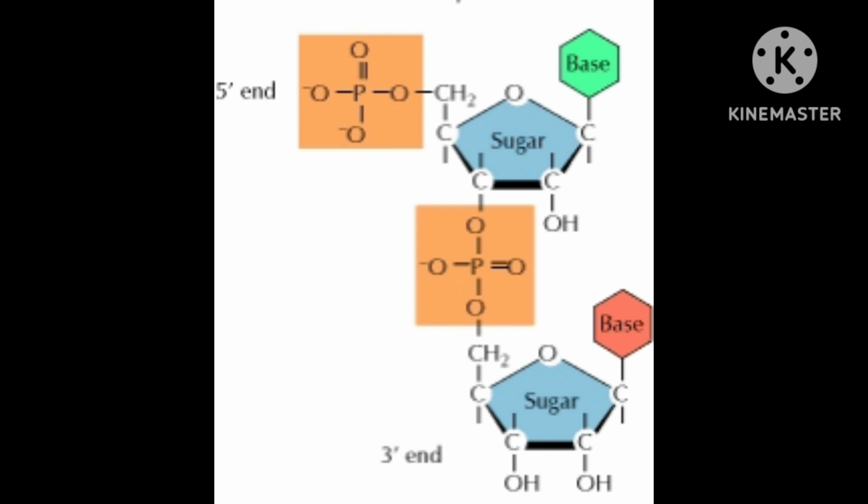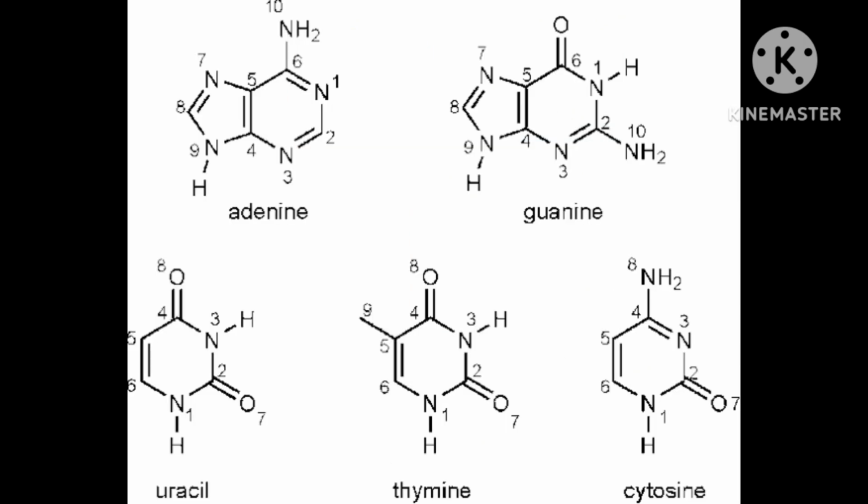In deoxyribose the O will not be there, only H will be there, but in ribose H and OH will be there. That's why the name is given deoxyribonucleic acid. So in DNA H will be there, O will not be there, and in RNA H and OH will be there.